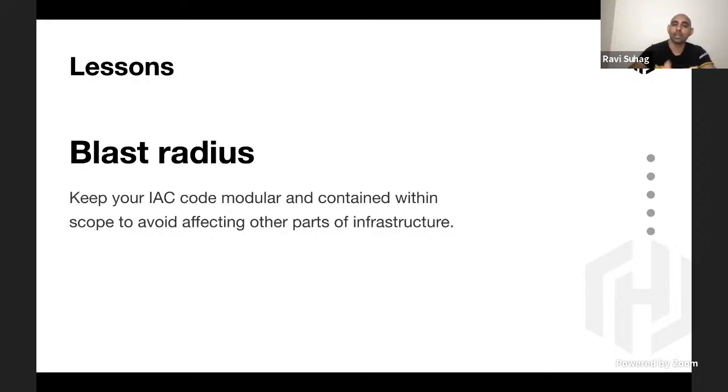But the CLI tool that we have built on top of it allows us to put it into the right place and structure it well. That solves the problem of people figuring out where exactly the infrastructure should be located and where they should put their code. These practices make sure that people do not affect other parts of the infrastructure when they're making a change.